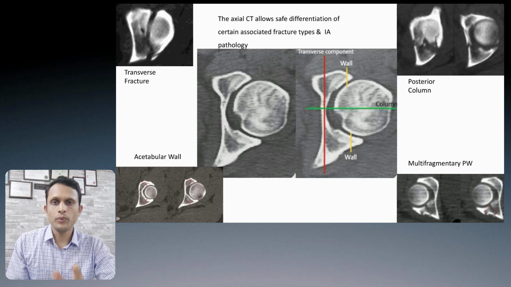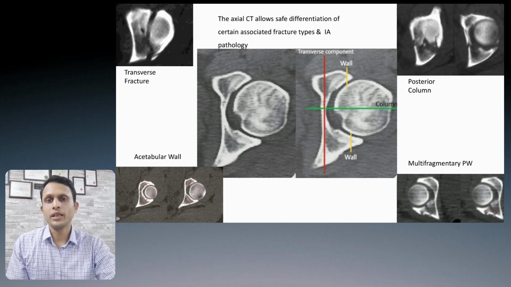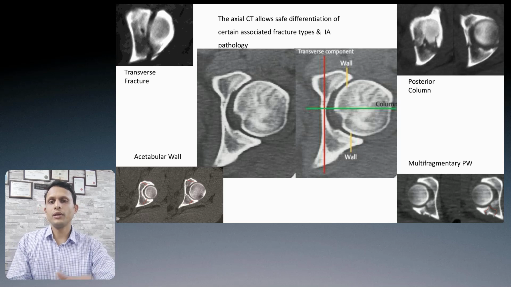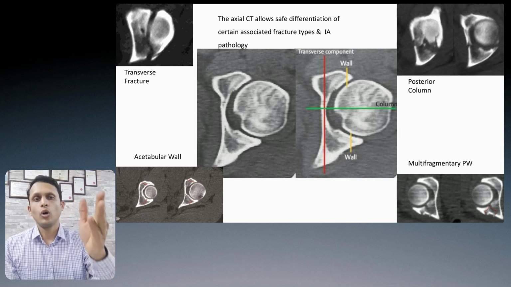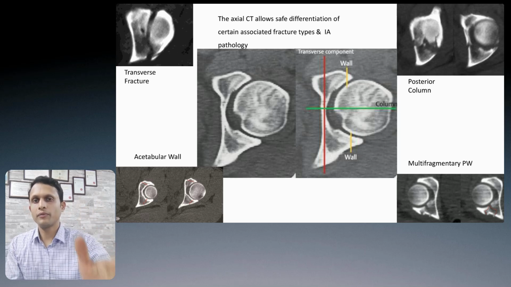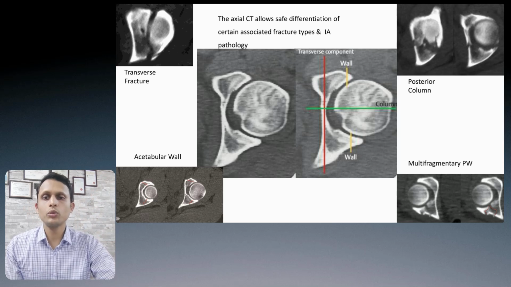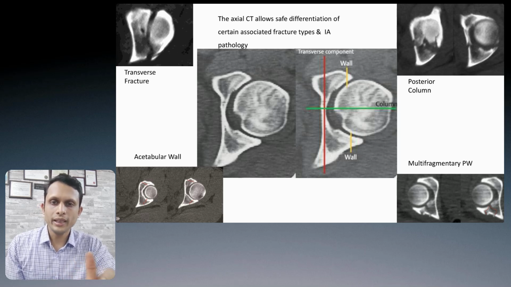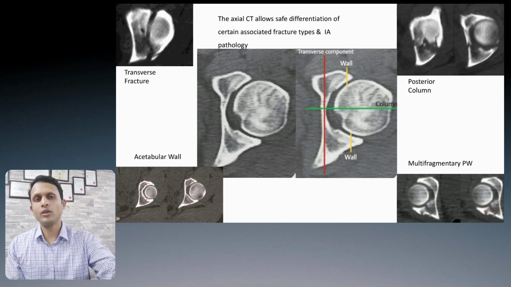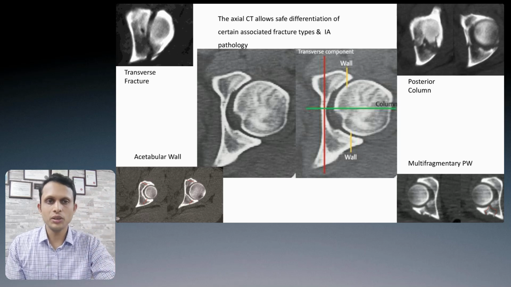On the top left-hand corner, you can see a transverse fracture. We say there is a transverse fracture whenever there is a fracture line going vertically through the dome. When do we call it a column fracture? When there is an oblique line going through either the anterior or posterior column, which you can see in the top right corner.